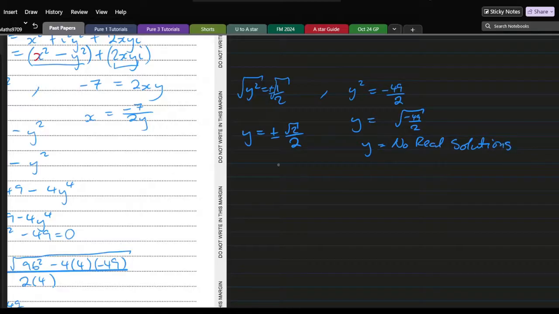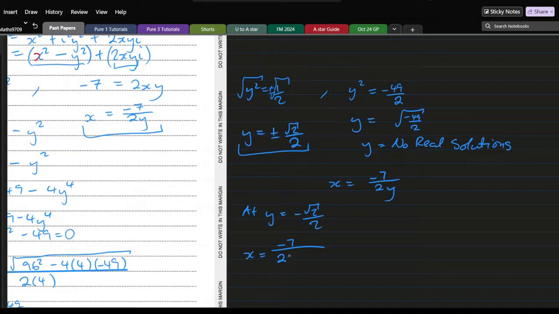Alright, so now that we've got y is plus or minus root 2 over 2, we have to evaluate the x values. So we've got x is equal to negative 7 over 2y. Let's start with y is negative root 2 over 2. So that gives us x is equal to negative 7 over 2 times negative root 2 over 2.